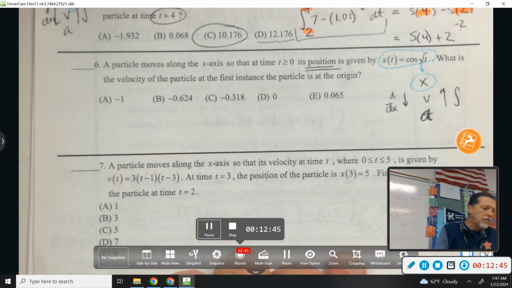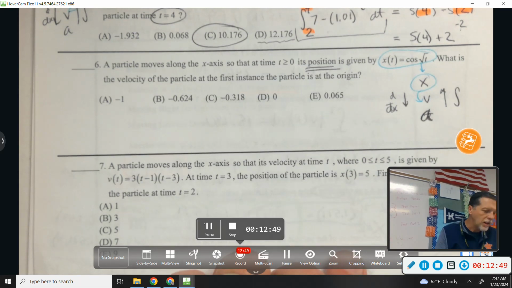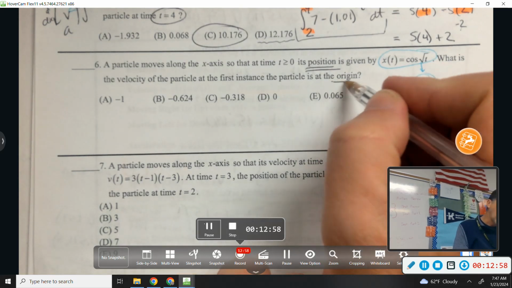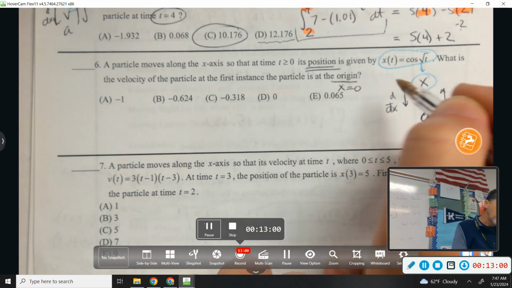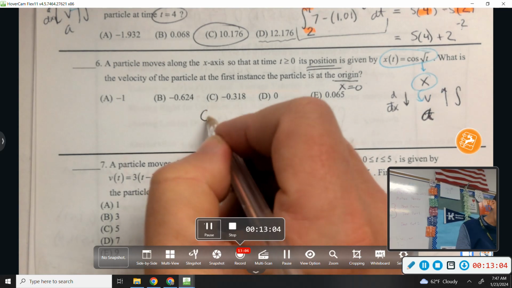What is the velocity? So right away I know I'm going to need to take a derivative to get velocity. At the first instance, the particle is at the origin. Okay, well it's at the origin when x equals 0. So let's put 0 in for x.